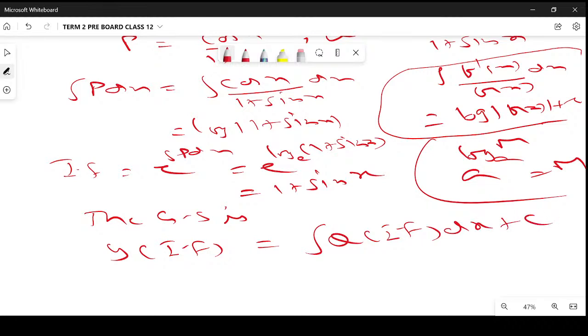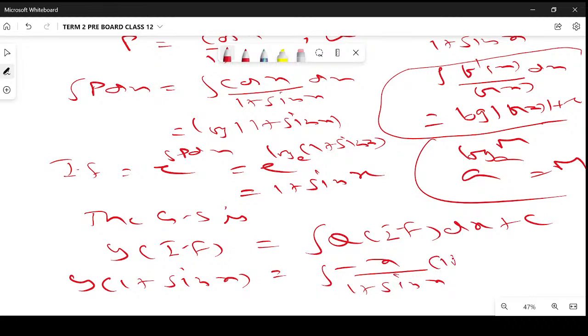Now we know integrating factor is 1 plus sin x. I can write y into 1 plus sin x equal to, we know what is Q, minus x by 1 plus sin x, into integrating factor also 1 plus sin x into dx plus c.